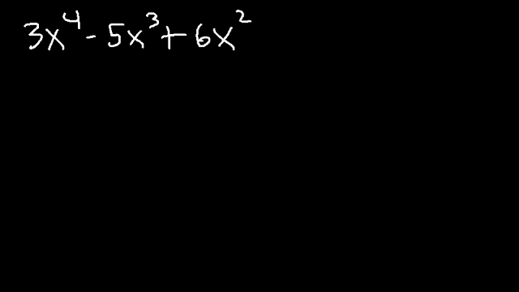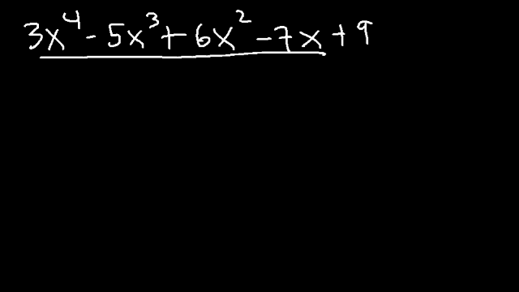Let's try another example. Divide the polynomial 3x to the fourth minus 5x cubed plus 6x squared minus 7x plus 9. Go ahead and divide it by x plus 4 using synthetic division.